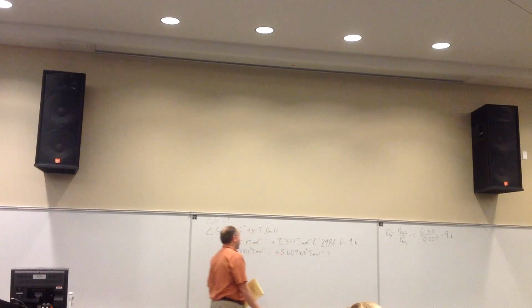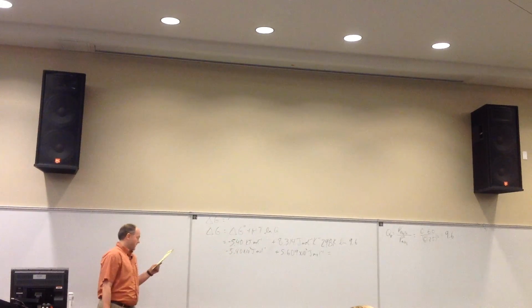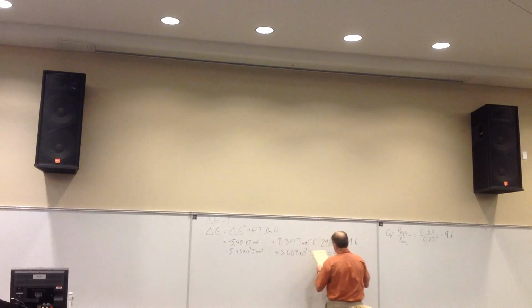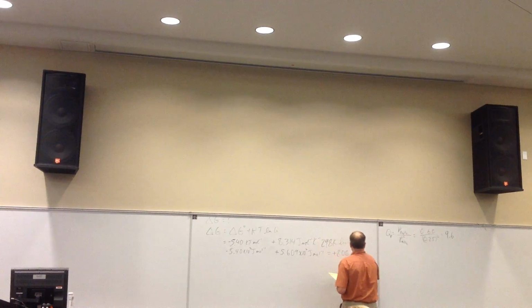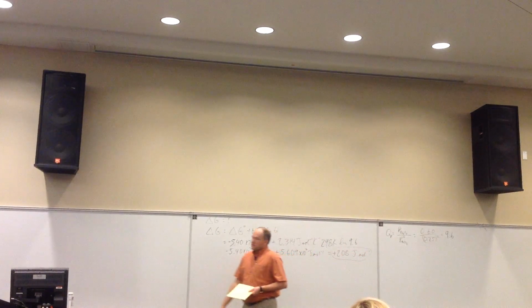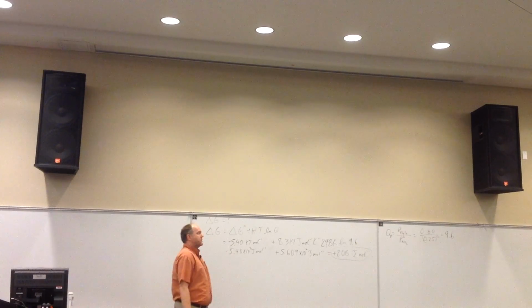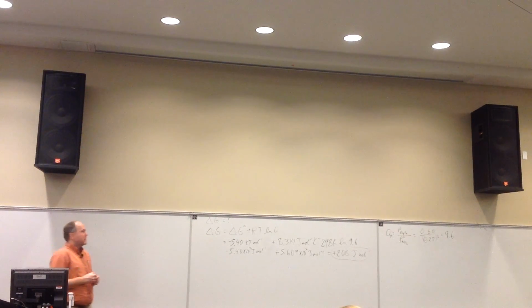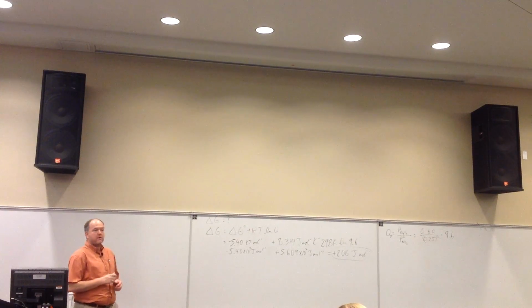I add those two quantities together, and I'm going to get a positive 208 joules per mole. Since delta G is greater than 0, which direction does my equilibrium shift?